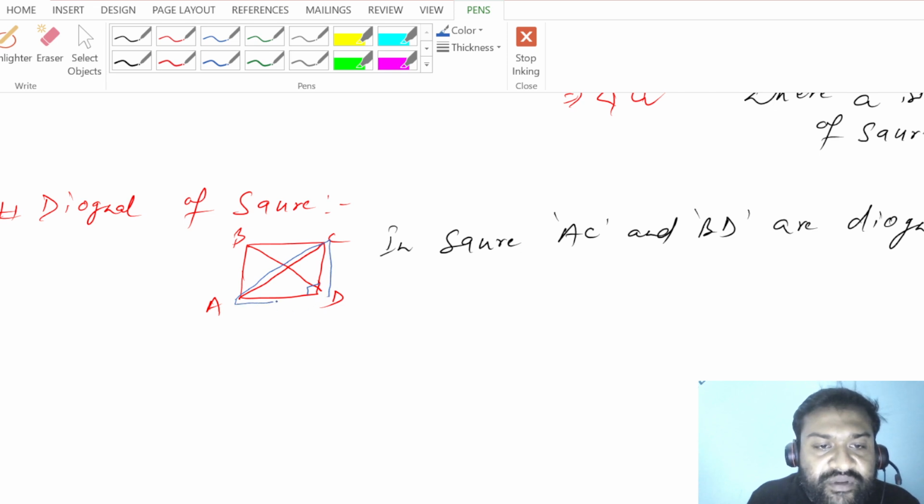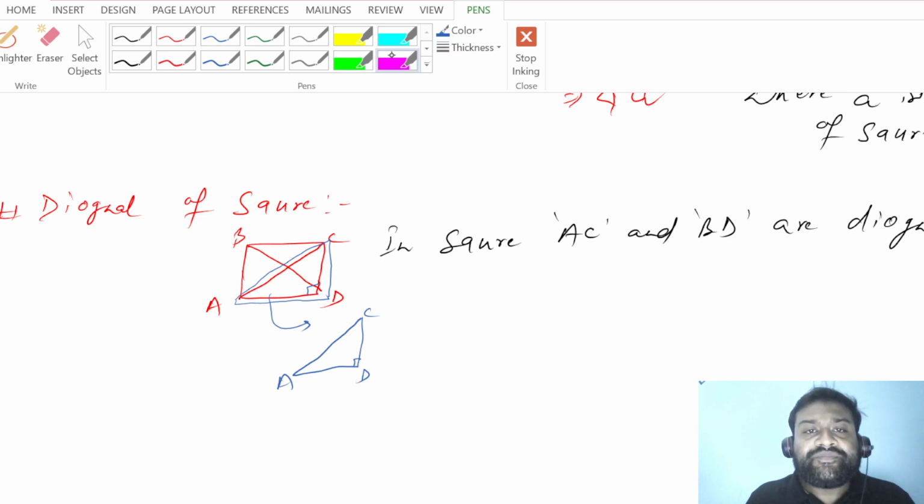I can take out this triangle and make it over here. This is 90 degree, this is A, this is C, and this is D. So this is again A.